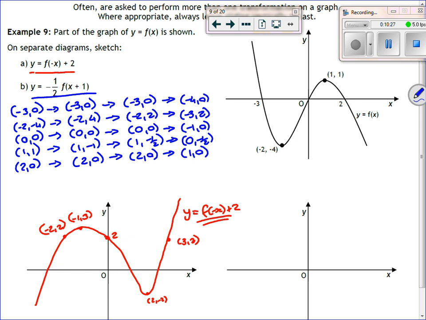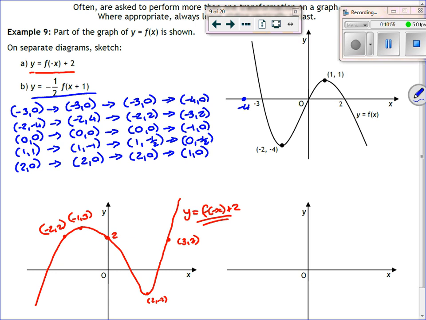So let's have a look and see what that looks like on this graph here then. So minus 3, 0 really becomes minus 4, 0. Minus 2, minus 4. Now that was a minimum turning point. That flipped to become a maximum turning point. It then shrunk down with the half and then shifted along.